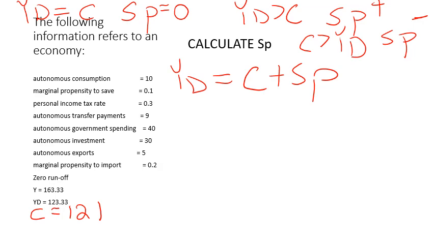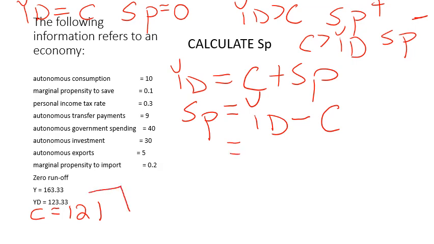So it stands to reason then that SP is equal to disposable income minus total consumption. All right, so here we are, these two numbers. Disposable income is 123.33.